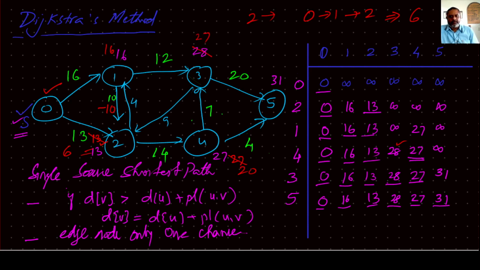Then 20 plus 4 instead of 31 would have become 24. So the best route would have been 0 to 1, 1 to 2, 2 to 4, 4 to 5 would be getting you the best route.